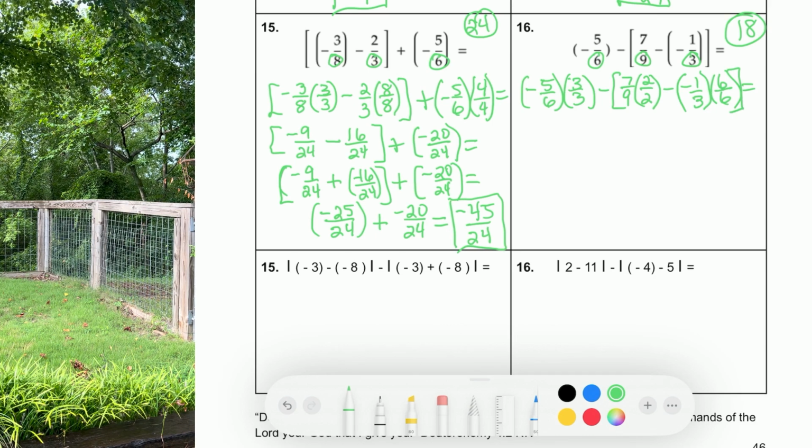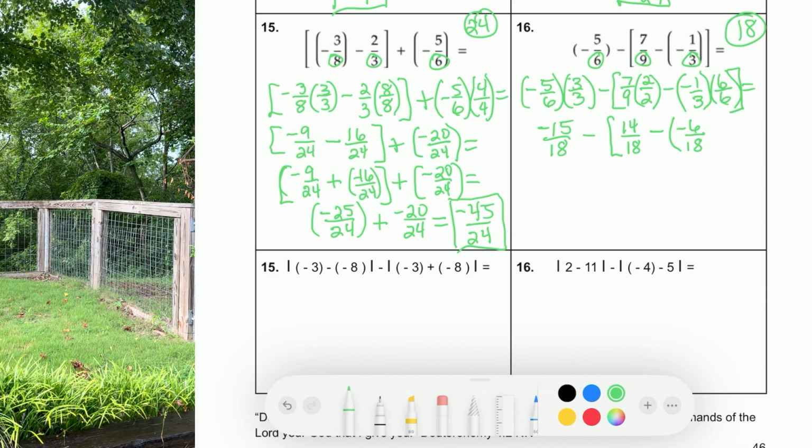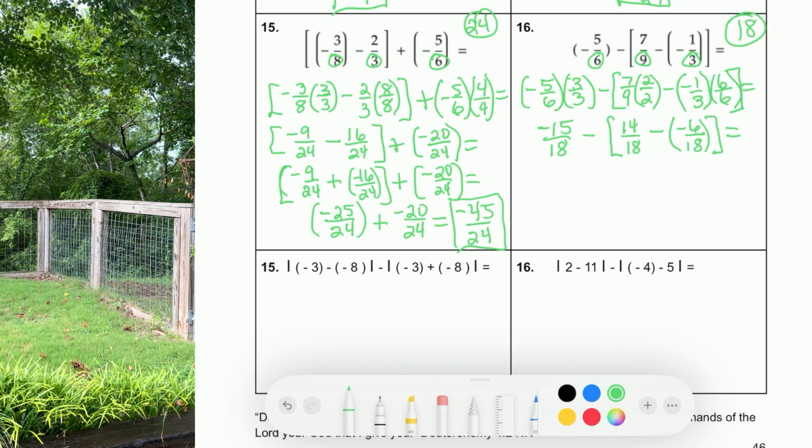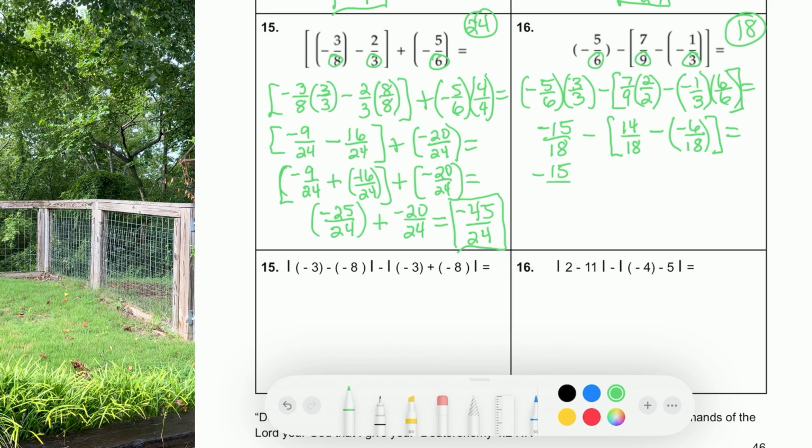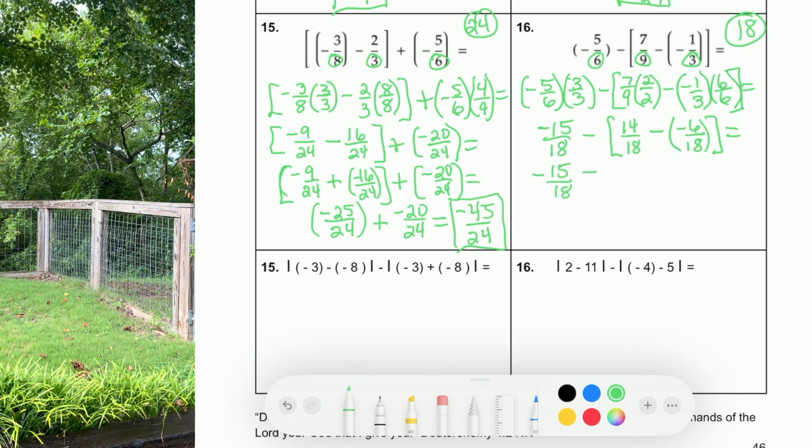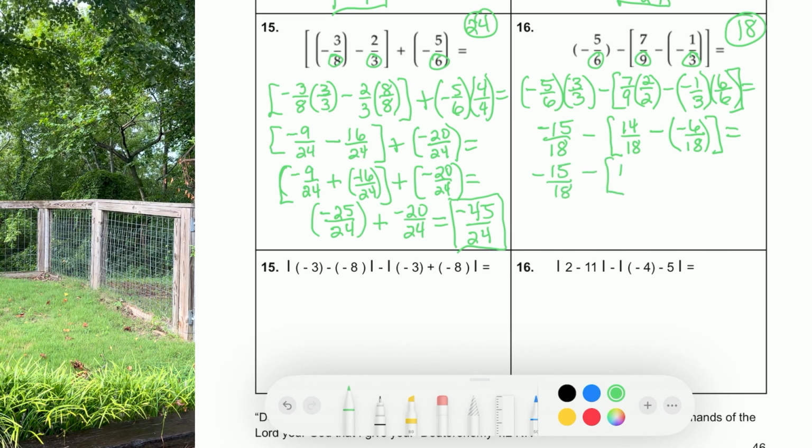So now we have negative 5 times 3, which is negative 15 over 18. 7 times 2 is 14 over 18. Negative 1 times 6 is negative 6 over 18. Okay, let's go through our keep, change on the inside of our brackets.